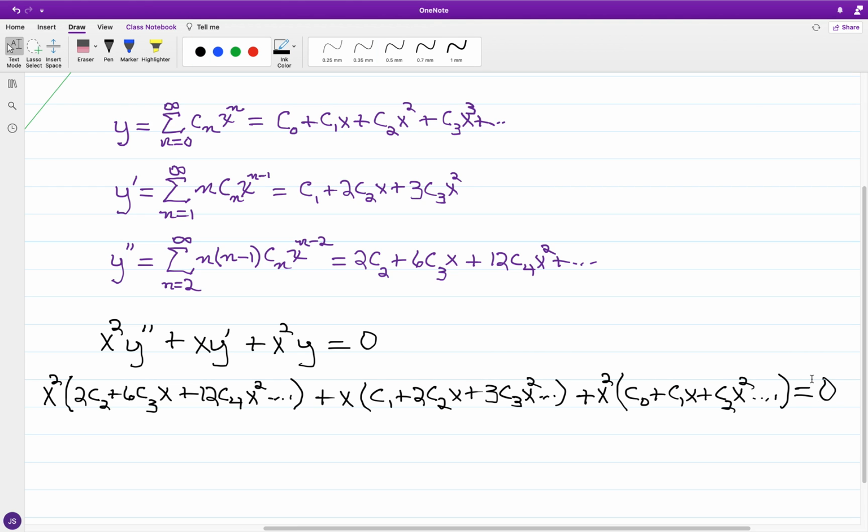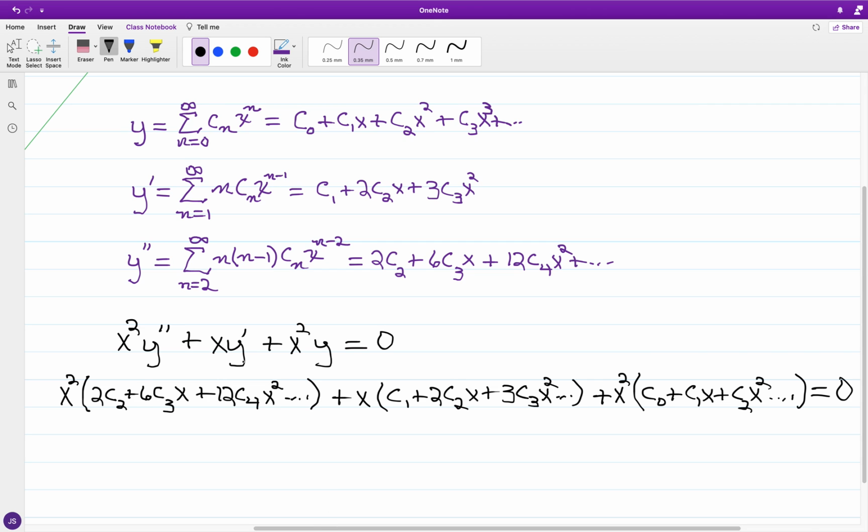Now looking at what we have in the mix, just multiplying by x squared, I have 2c2 x squared plus 6c3 x cubed plus 12c4 x to the 4th.